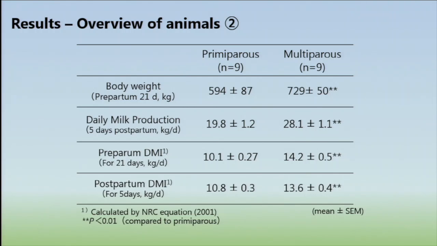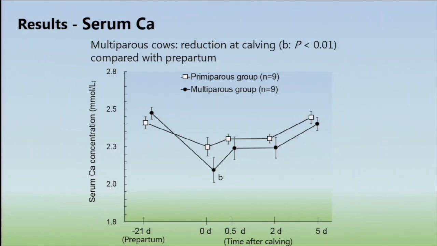All values were greater in multiparous cows compared to primiparous cows. This figure represents the change of serum calcium during the experimental period. Multiparous cows, as we expected, reduced the serum calcium just after calving.